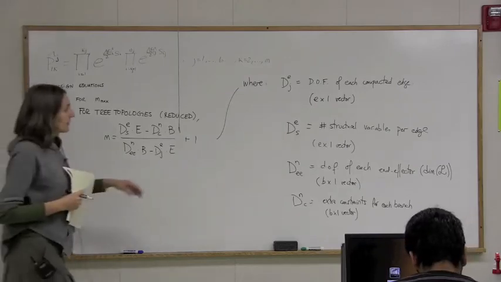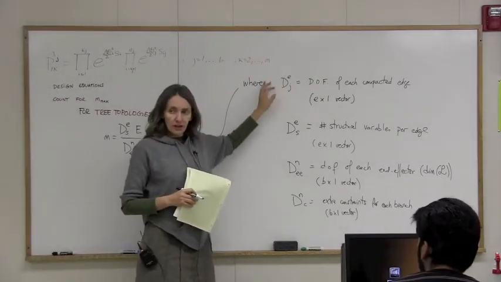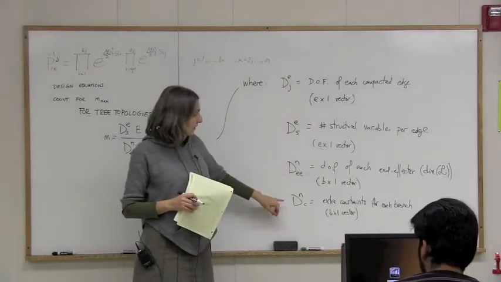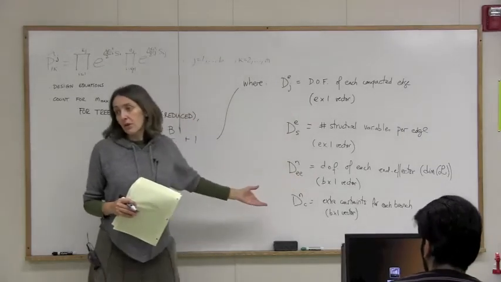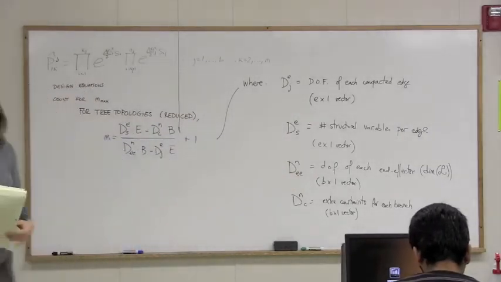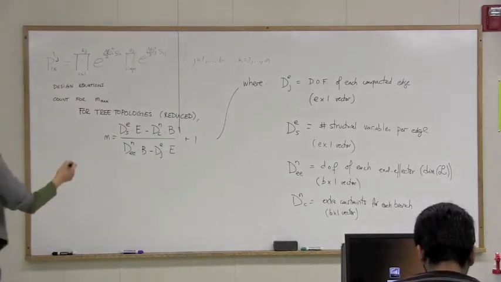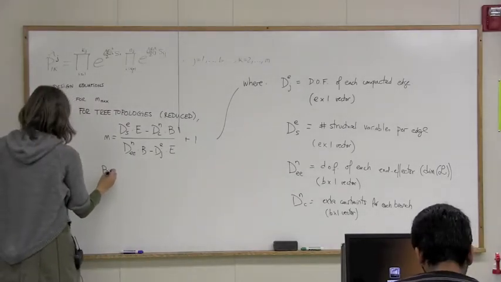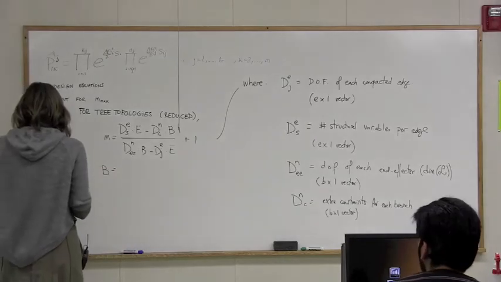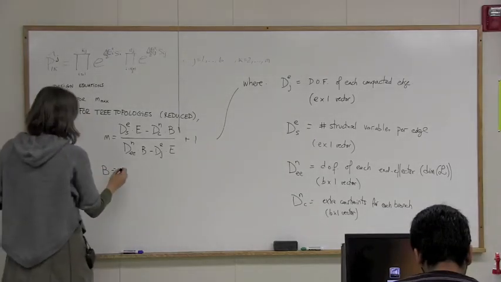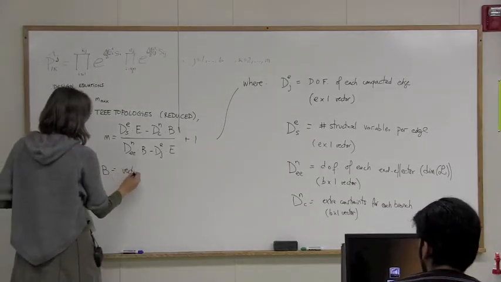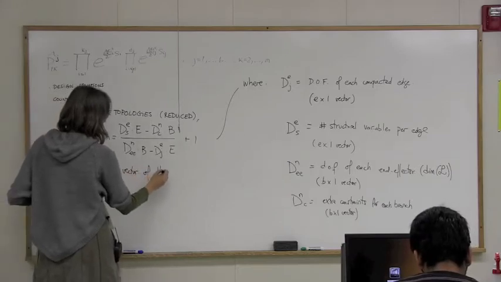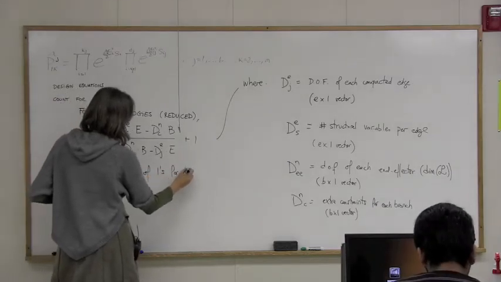So basically the ones that have an E on top, those are unknowns, and the ones that have an N, those are basically the equations you can create. Okay. And now we are missing this B and this E. And this B is a vector of ones for the branches.